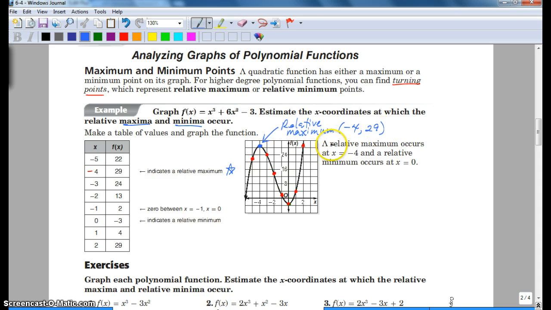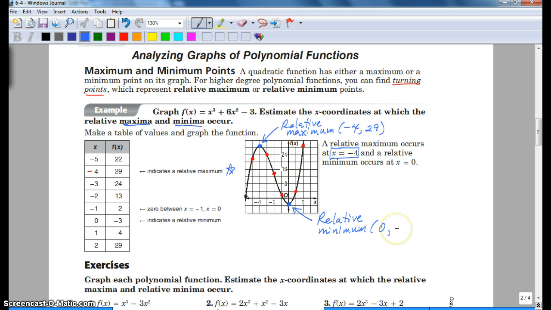And as they indicate, a relative maximum occurs at the value x equals negative 4, and a relative minimum here, they say occurs at x equals 0.